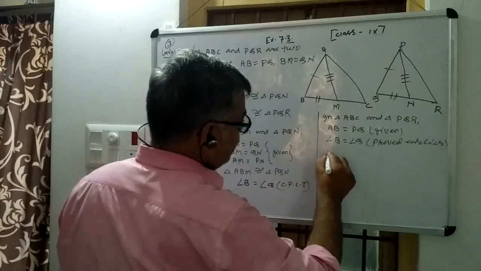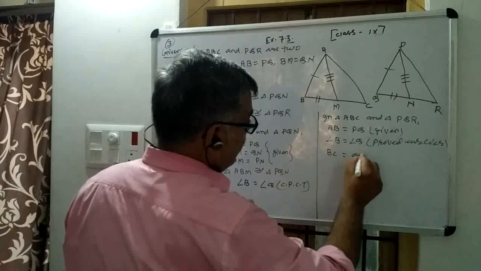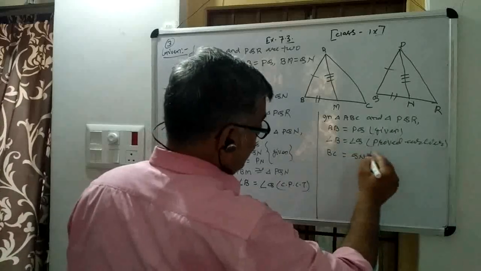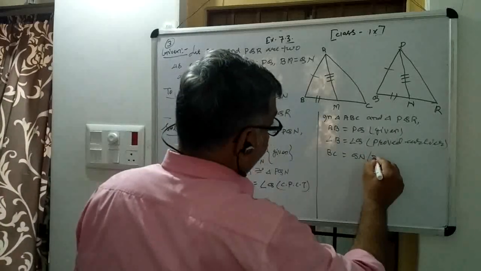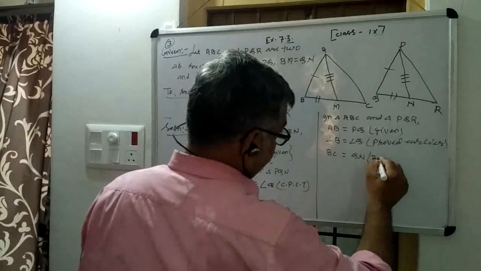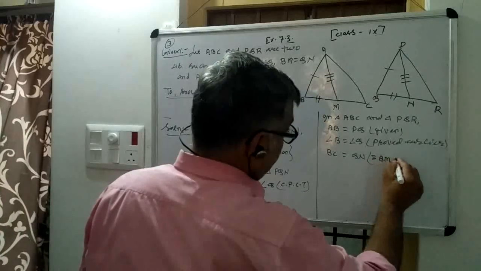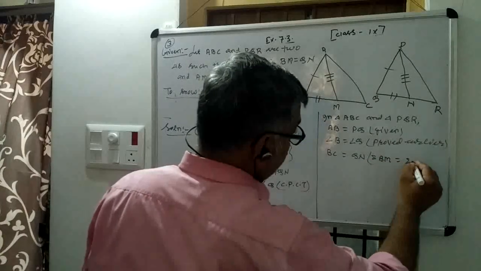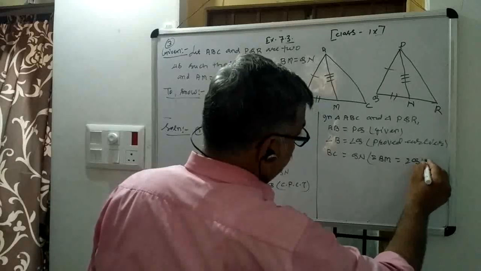And BC equals QR because twice of BM equals twice of QN.